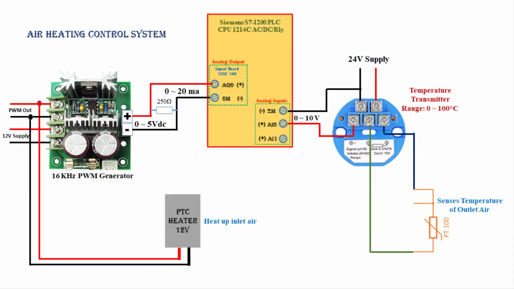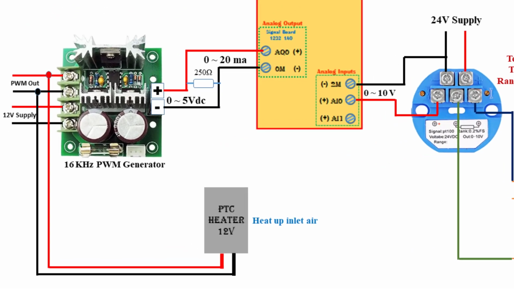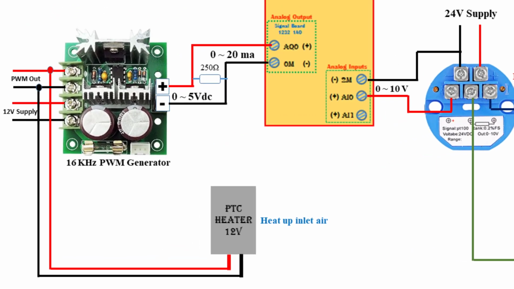Now move to the PLC analog output and controlling elements to regulate the heater power. The S7-1200 PLC analog output provides an output signal from 0 to 20 milliamps, which is converted to a 0 to 5 volt DC signal using a 250 ohm resistor.